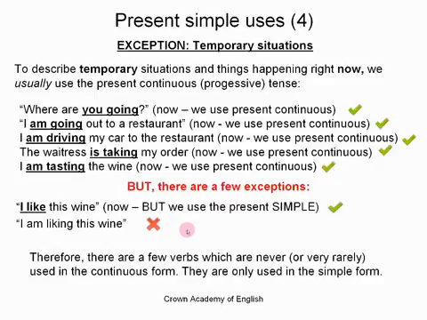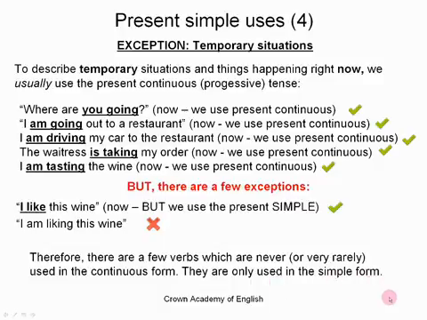So we have to always use the present simple forms of certain verbs. So that's what I'm saying here. Therefore, there are a few verbs which are never, or very rarely, used in the continuous form. They are only used in the simple form.